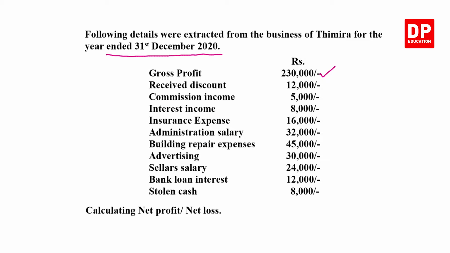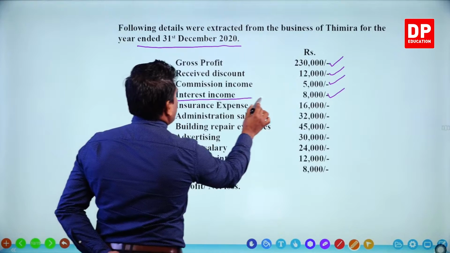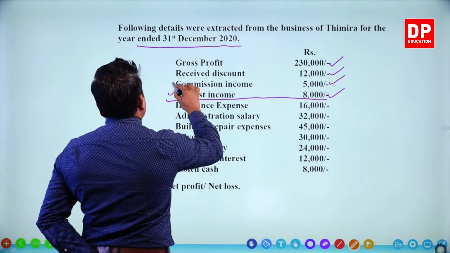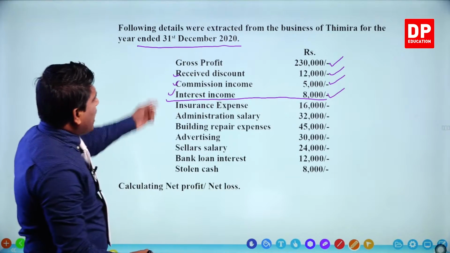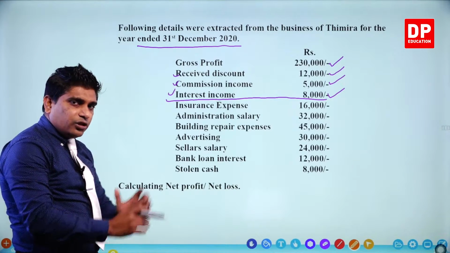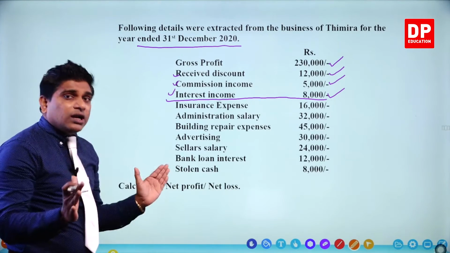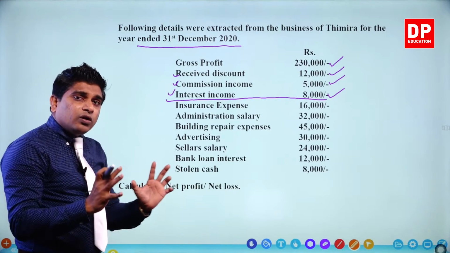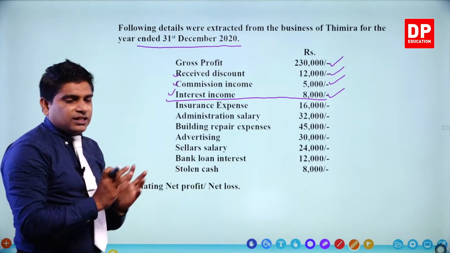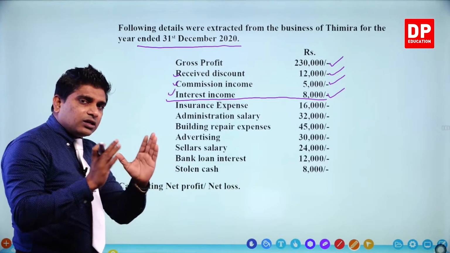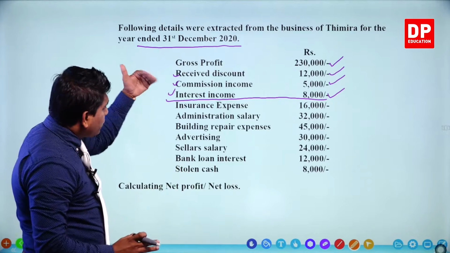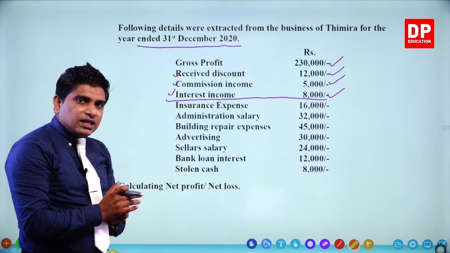Then say discount receipts are given, commission income also given, interest income also given, right? These all are income. These three incomes we write after the gross profit. Then you can find total income, not total other income, total income. Total income includes gross profit and other income, everything. Only the total other income without gross profit, we can get only from these three, right?